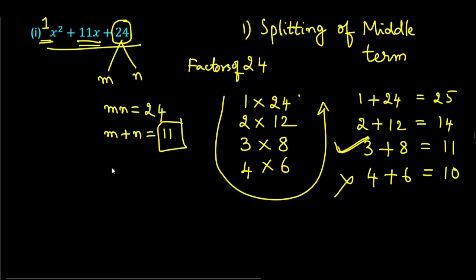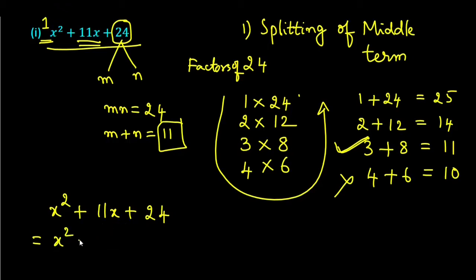Now let us take this given polynomial x square plus 11x plus 24. Now we have to split 11x. We have to write 11x as a sum of two terms.